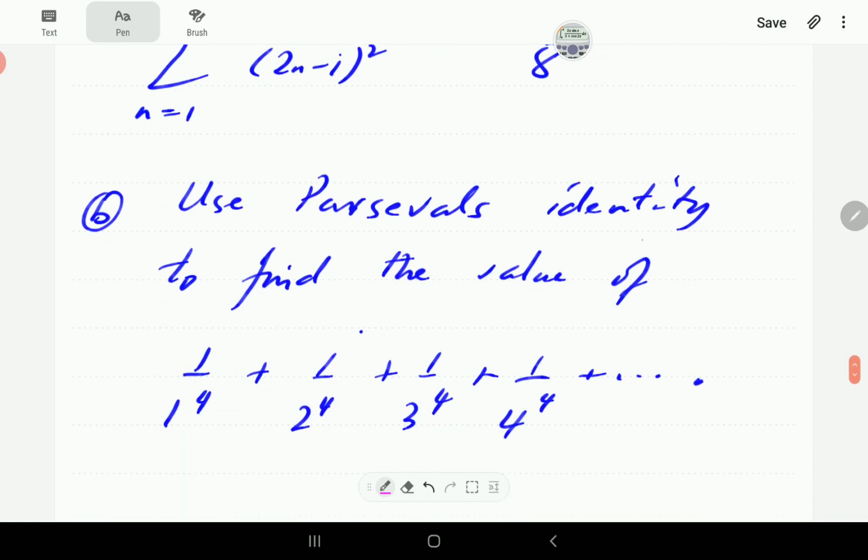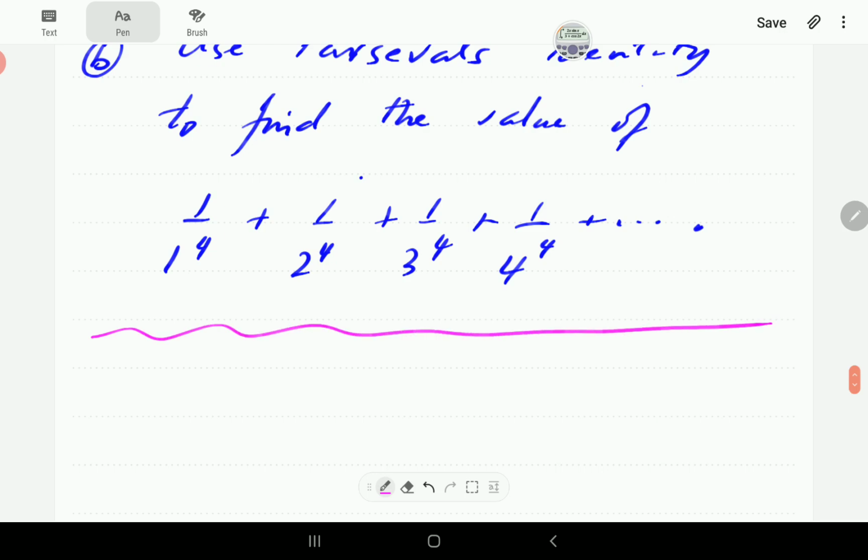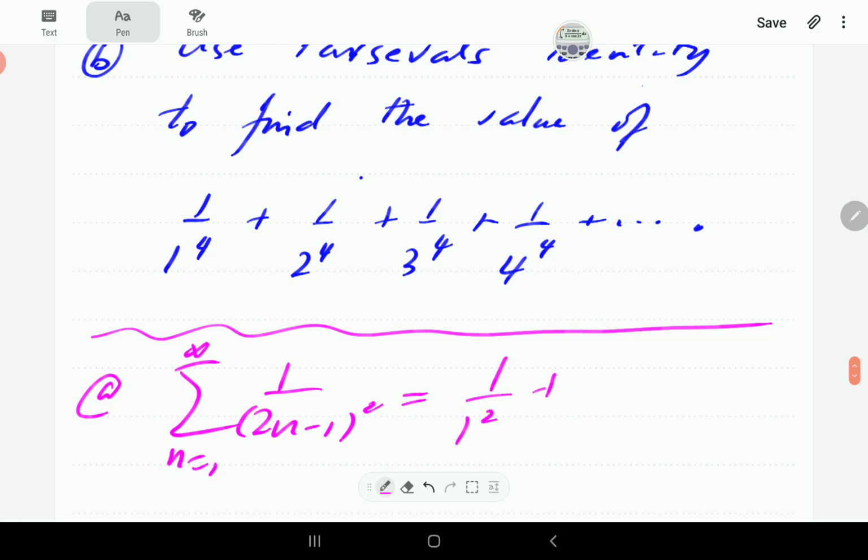First, we want to note that n equals 1 to infinity. When n equals 1, this is 1 squared. When n equals 2, this is 3 squared. This is 5 squared. So this is basically just the sum of reciprocal odd squares.